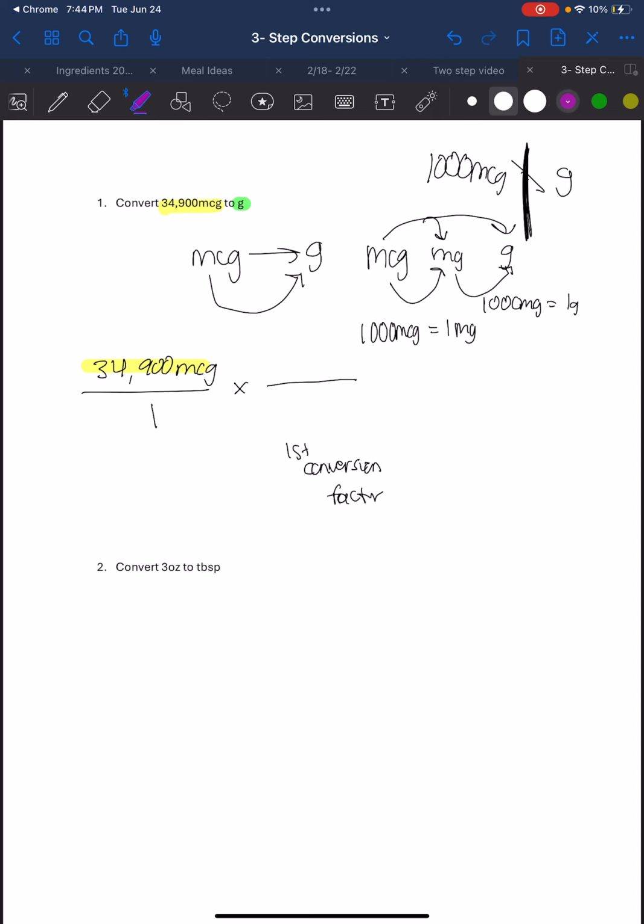The first one we're going to use is micrograms to milligrams. To get micrograms to cancel out, it has to be on the bottom, because in order for anything to cancel out, it has to be on the top and the bottom. So we have micrograms here and here to cancel each other out. We said that was 1,000. And then we're going to put 1 milligram on top because we're using this conversion factor here.